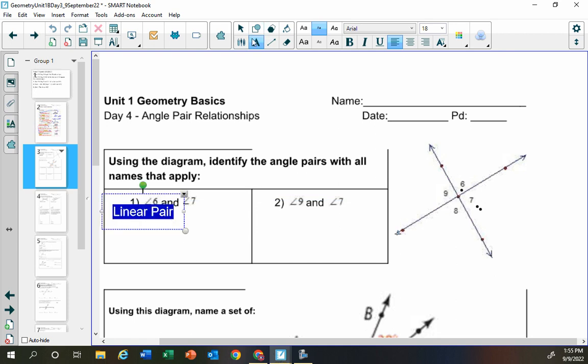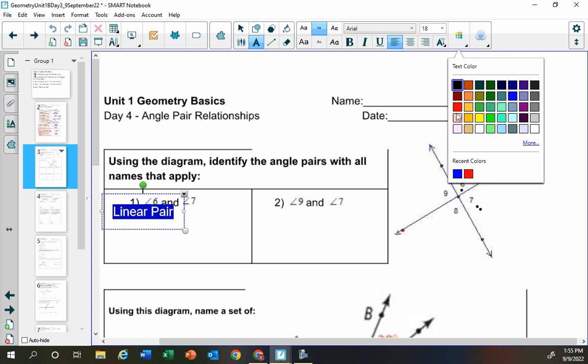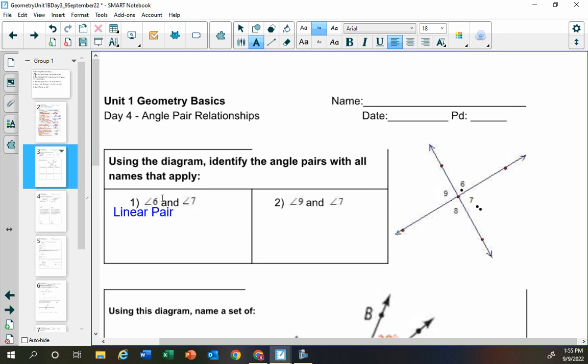It could be adjacent? Yes, Brooklyn. I agree with that too. They're adjacent angles. The linear pair. Adjacent, because they share a side. Okay, I like that. Now, if they're a linear pair, they must also be vertical?